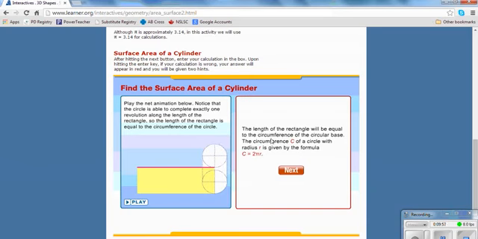And so it even says here, the length of the rectangle is equal to the circumference of the circular base. And the way that we find circumference is 2 times pi times radius, or pi times diameter. Either one, it doesn't matter to me which one you use. Okay, so then if we continue, oh, just kidding, that's all it shows.